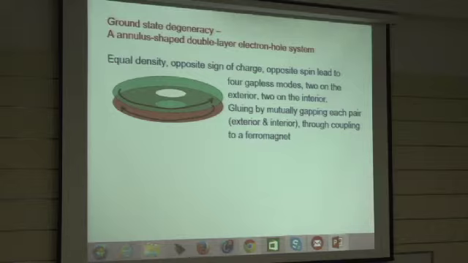So for those of you who know about graphene double layers and bilayers, this is like a double layer with an insulator in between. So no tunneling in the bulk. Now, there will be two edge modes, one flowing clockwise, and the other one flowing counterclockwise at the exterior, and two opposite modes at the interior.